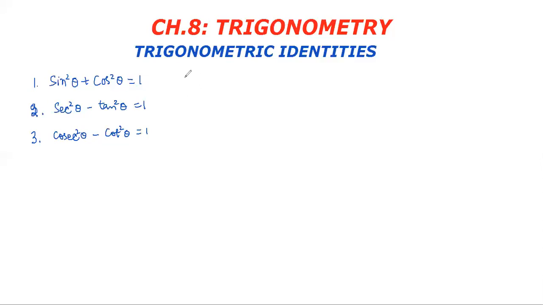Cosec contains S. So this identity will be cosec square theta minus cot square theta. Children, if you remember these identities, this can be written in this form also. So from here we can get that they can be learned in two ways, two forms.